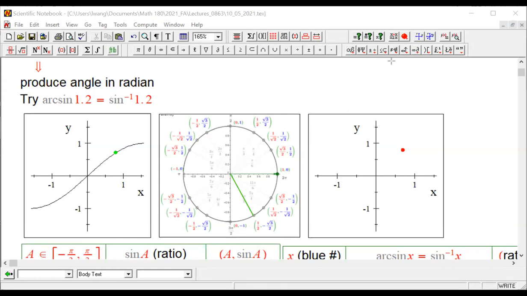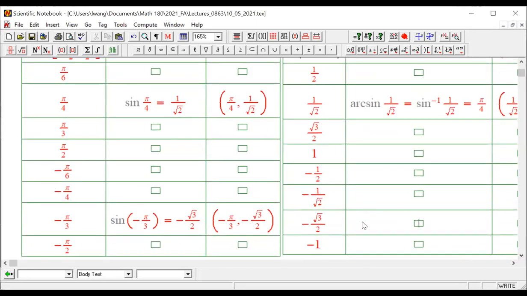What do we do when we see arcsine? Arcsine of negative root 3 over 2.